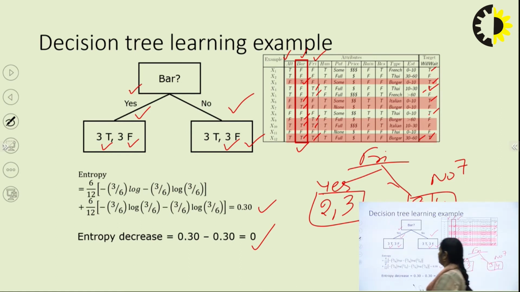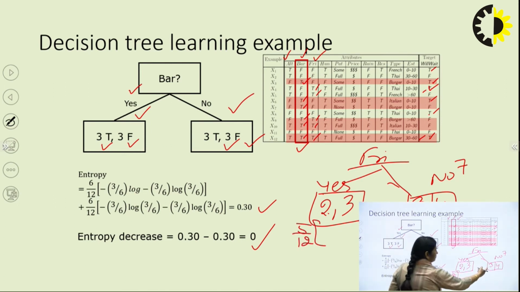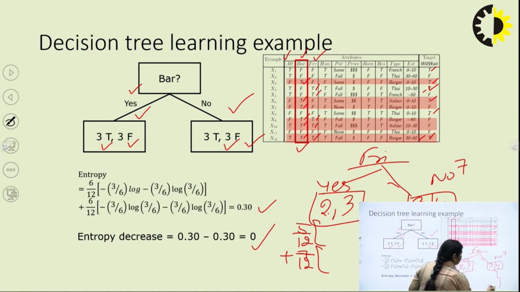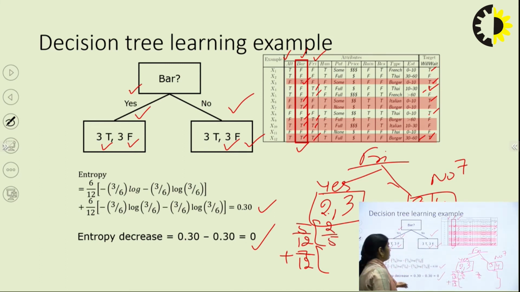So corresponding from 12, how many are true? True are 5 only. So we will have 5 by 12, and in the negative we are having 7, so it will be 7 by 12. Within those 5, 2 are true and 3 are false. Okay, so for this we will have the formula: minus probability into log of the probability.